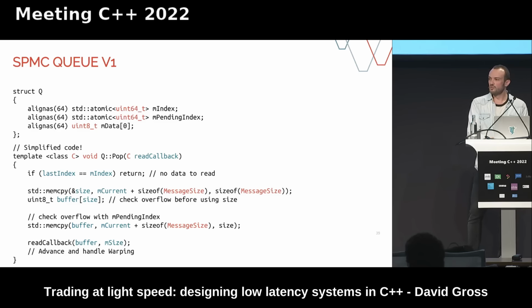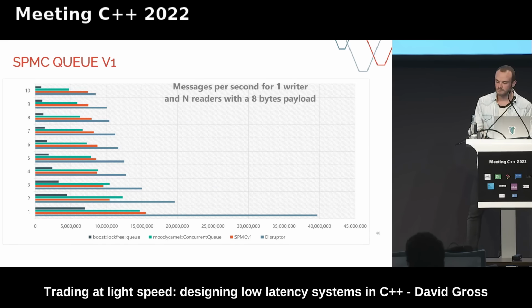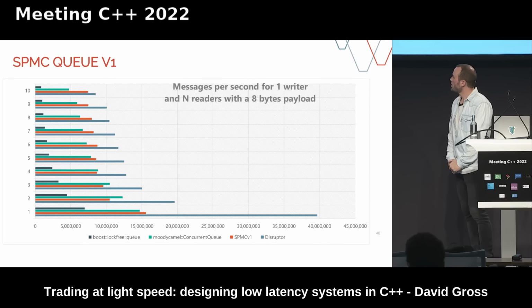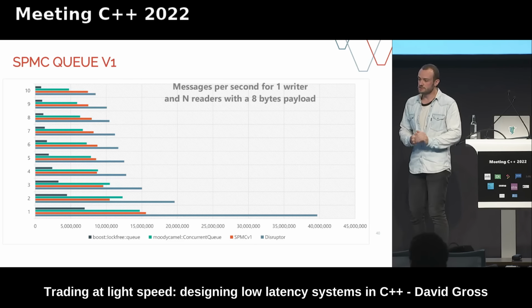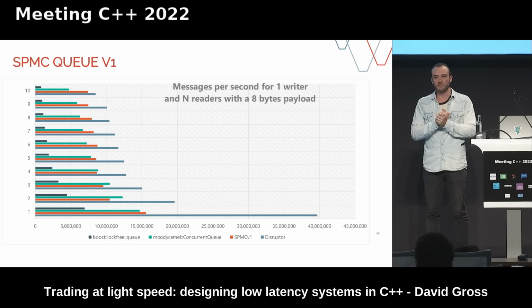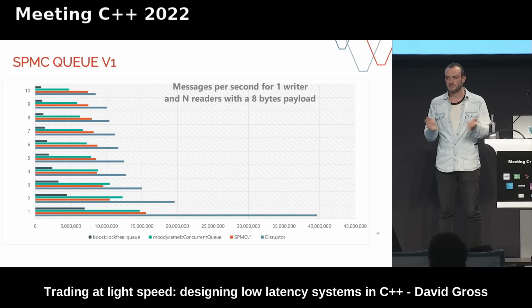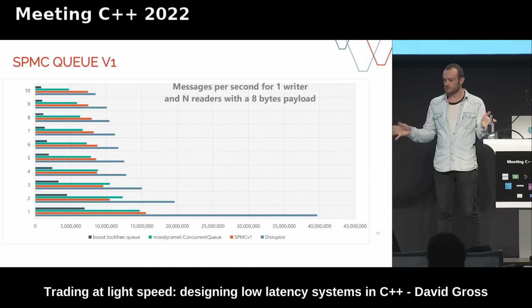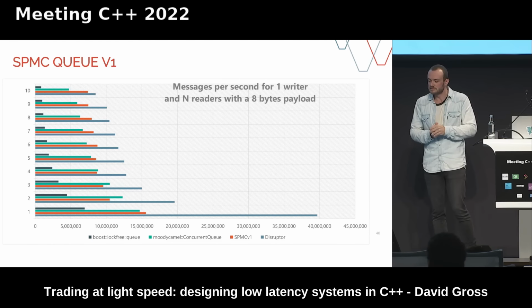So what kind of performance do we get with such code? This is where we are, in orange. I benchmarked against the famous Java Disruptor, because that's the reference in terms of blazing fast queues. Also doing fan out. It's fast.